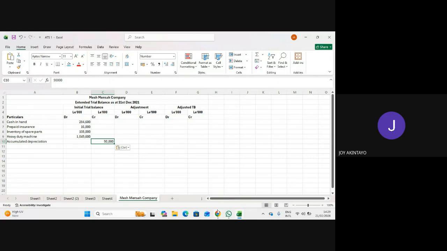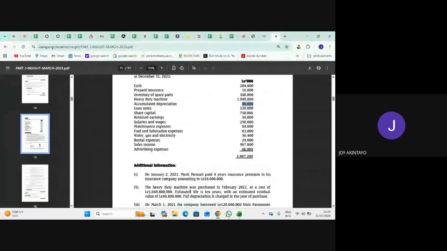So next thing, loan note. Is loan note an asset or a liability? It is a liability. It is money we borrowed.